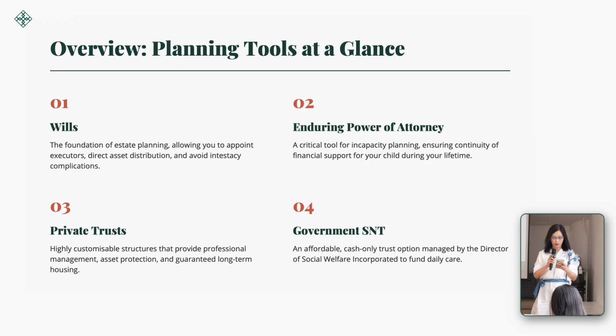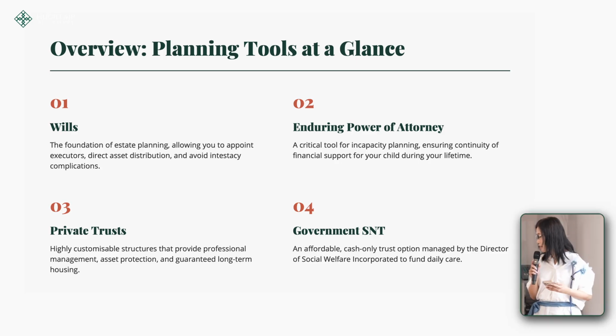Let's begin with a brief map of where we are going. Essentially, there are 4 planning tools. Wills are basically the foundation of any estate plan. A will tells the world who your executors are, how your assets are to be distributed, and essentially it helps to avoid the pitfalls of intestacy.